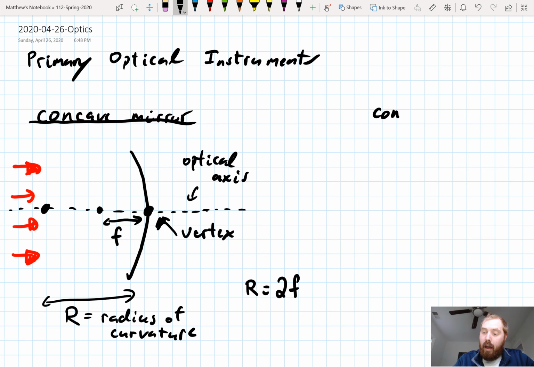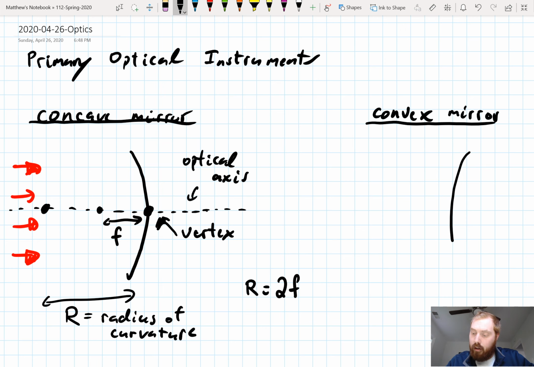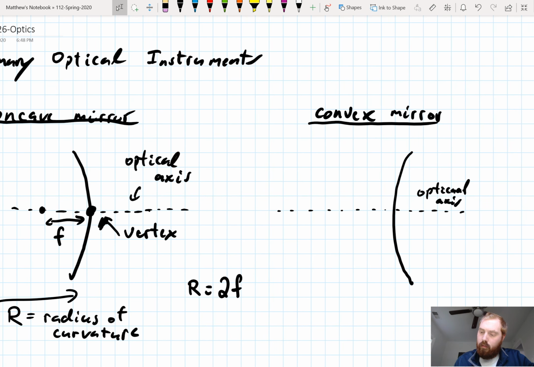It'll be a convex mirror. How do I know if it's concave or convex? Well, let's draw the shape of the convex mirror. Pretty similar. Once again, optical axis. Same thing, there's a vertex.